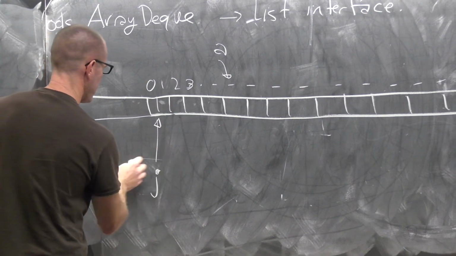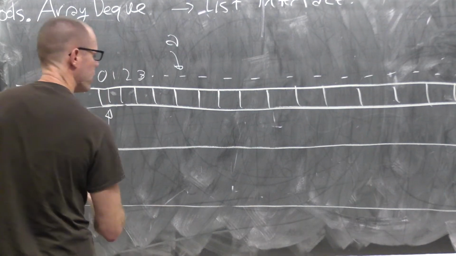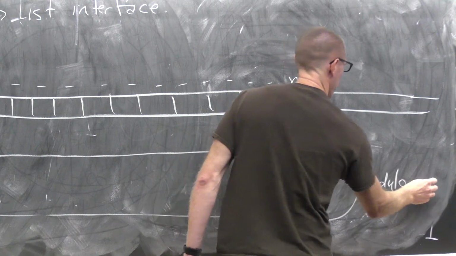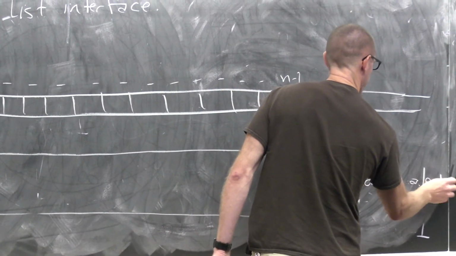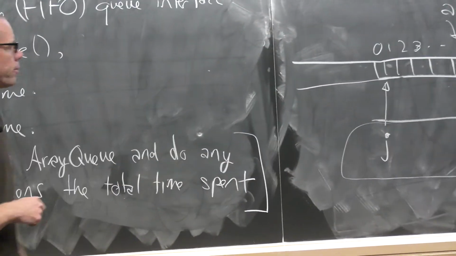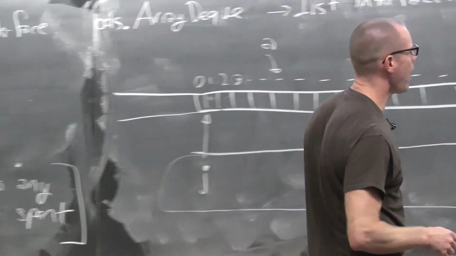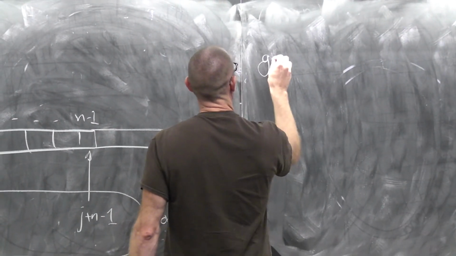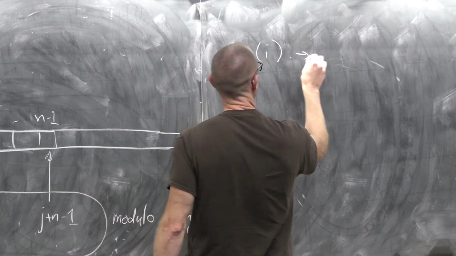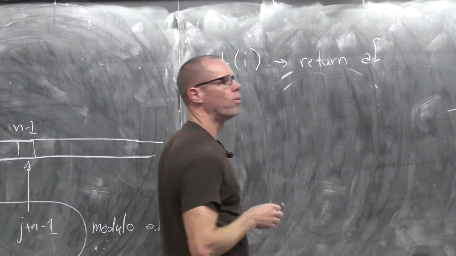All of this, I won't write it every single time, but all of this is modulo the length of A. So the indices wrap around the ends as necessary. And the list interface has the ability to get the element at position i, which is easy enough to do. We return A at what?